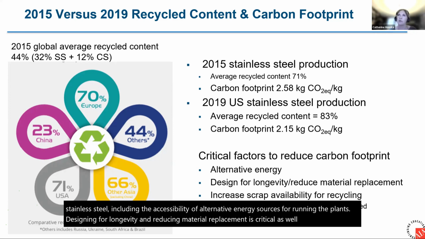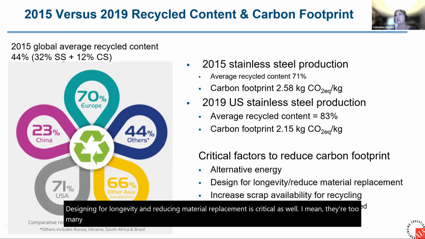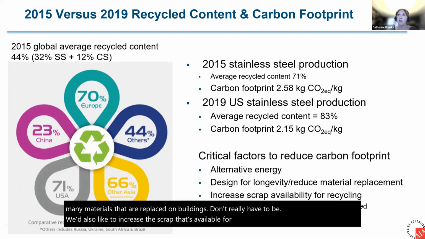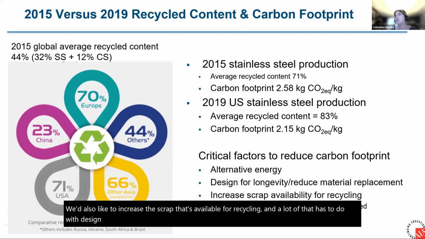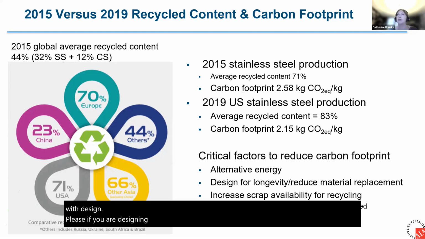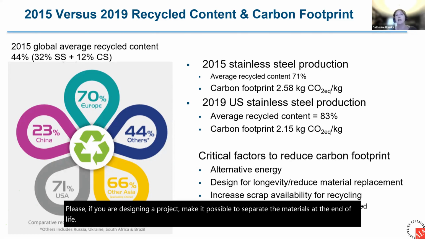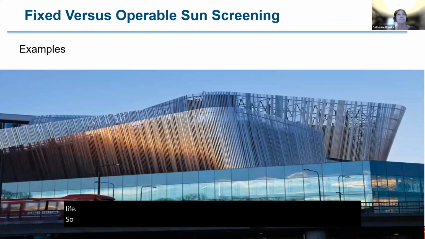There are too many materials that are replaced on buildings that don't really have to be. We'd also like to increase the scrap that's available for recycling, and a lot of that has to do with design. Please, if you are designing a project, make it possible to separate the materials at the end of life so that they can be reused.